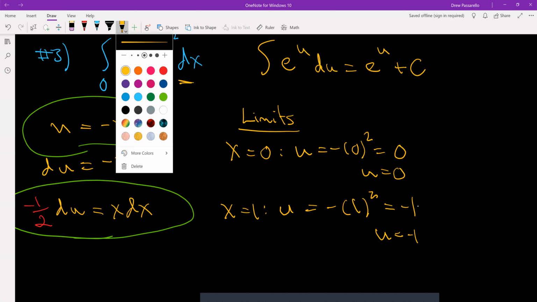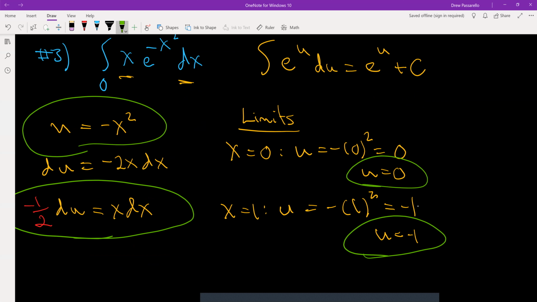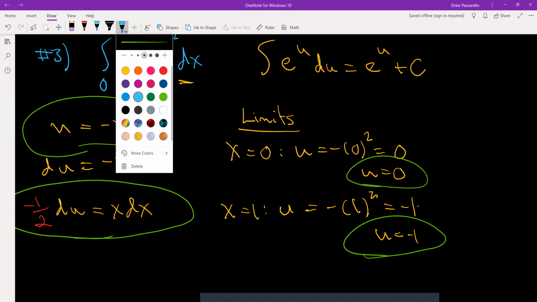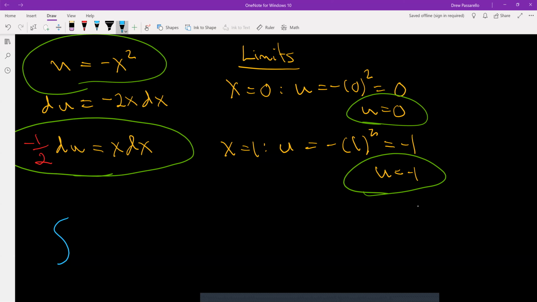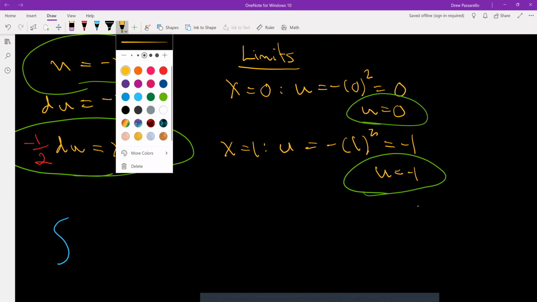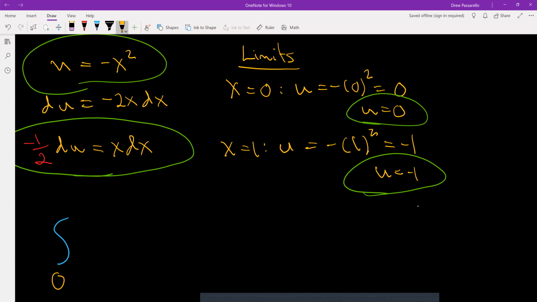All right, so that's my new limits. So we had 0 when x was 0, u was 0. When x is 1, u is negative 1. So I put the negative 1 up top in the corresponding spot where x was 1. So again, I don't put it as negative 1 on the bottom.